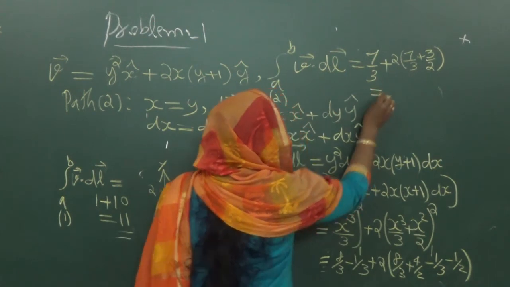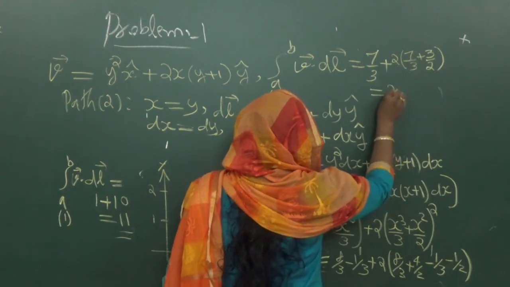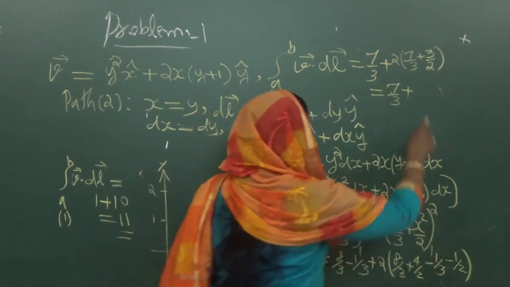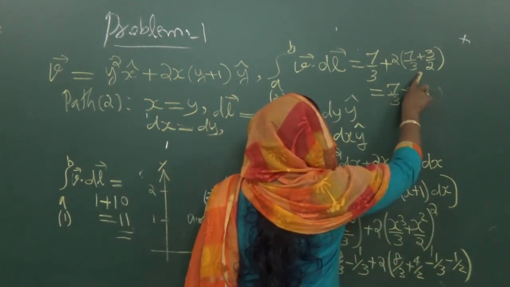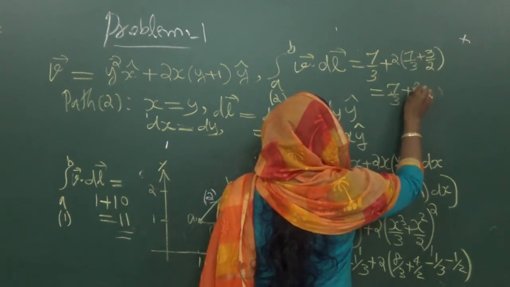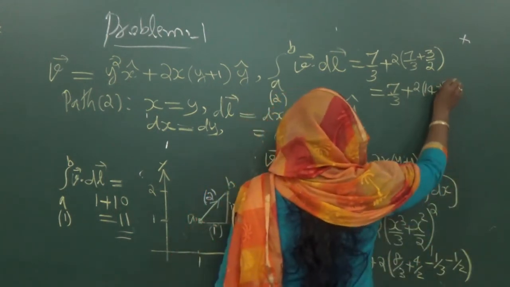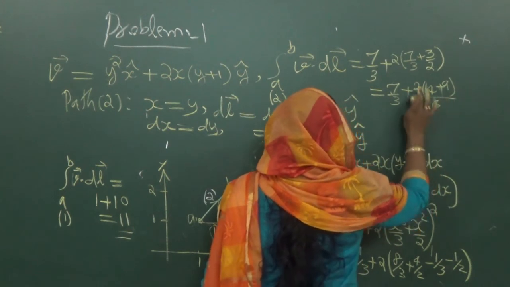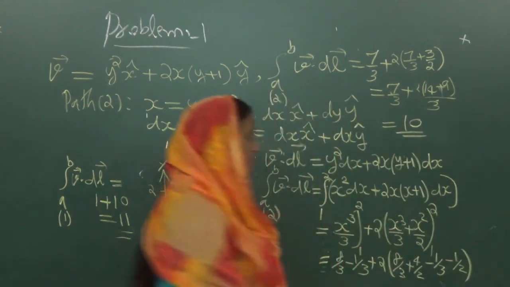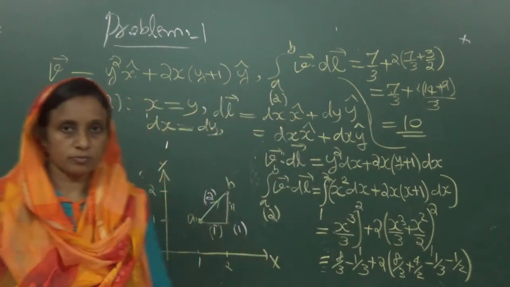Once you simplify this, you get 6 here, so cancelling out, you have 2 into 14 plus 9 by 6, so you have 10. So this integral gives you 10.